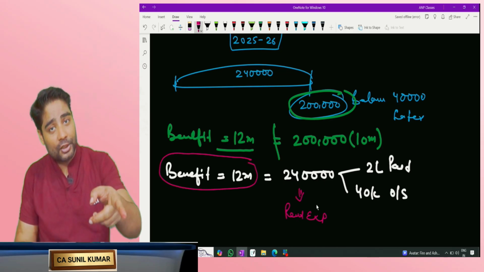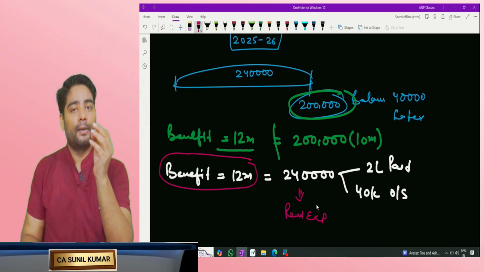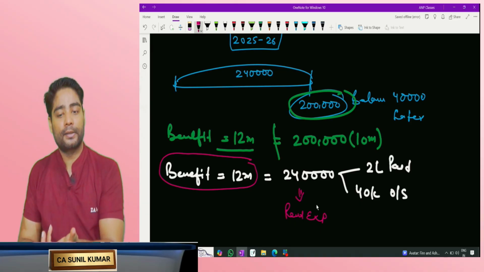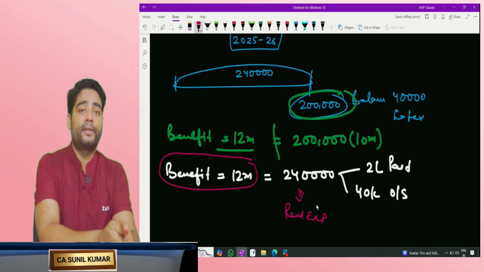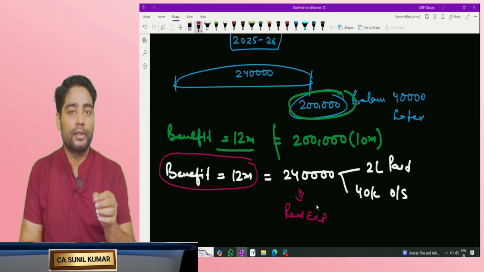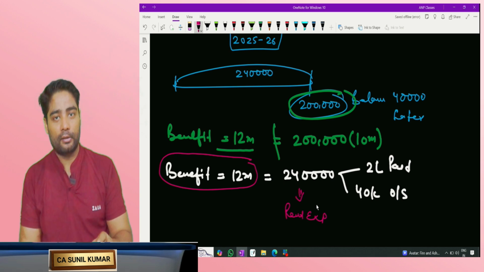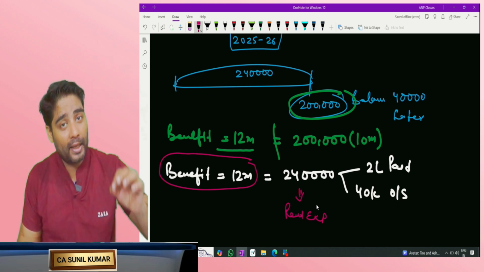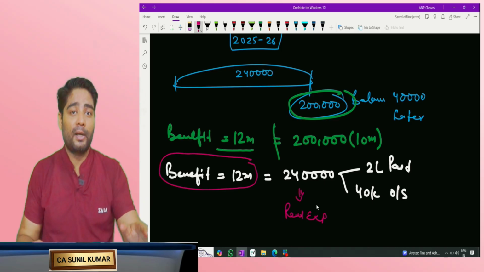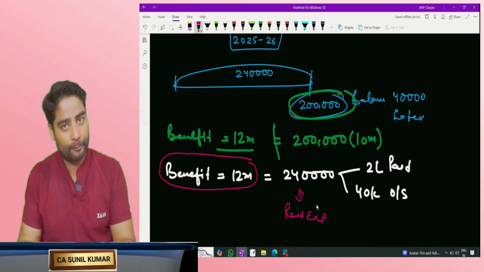So you should match the benefit taken from an expense or an asset to the amount of that asset or expense, and should recognize that amount in that particular year. It doesn't matter that you pay or not pay. It doesn't matter you paid in advance. It doesn't matter if the amount is still pending.